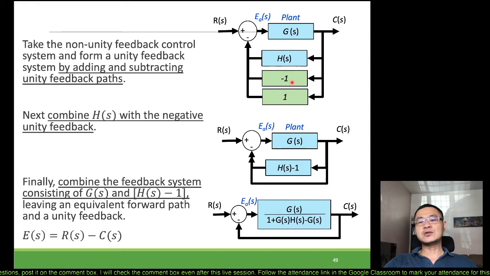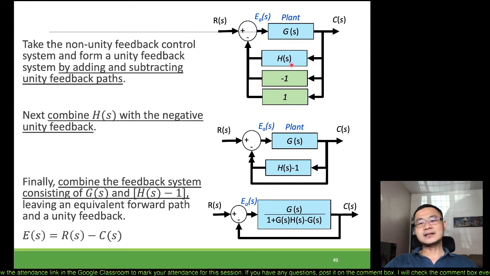When we total them together, we do not change the behavior of our non-unity control system. So we want to retain the unity feedback, while the remaining parts we combine together.